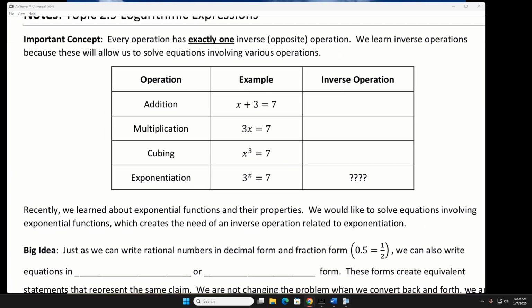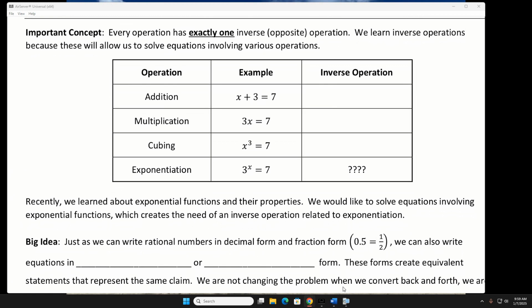So every mathematical operation has exactly one inverse operation. And so what is the inverse operation of addition? Subtraction. What about multiplication? Division. What about cubing? Cube root. What about exponentiation?